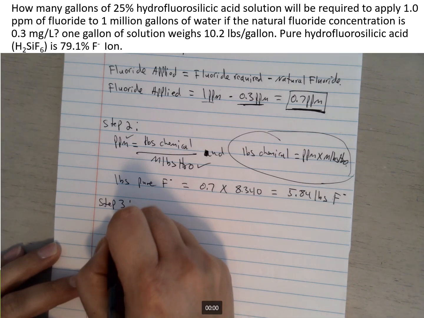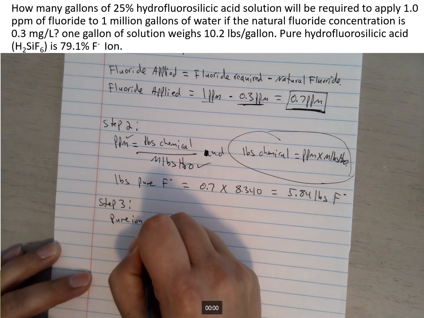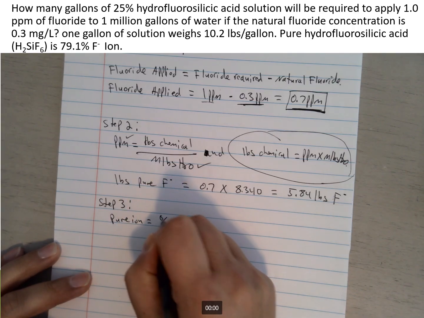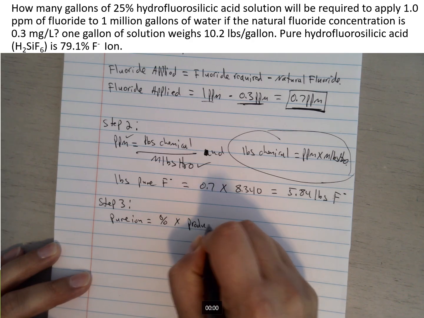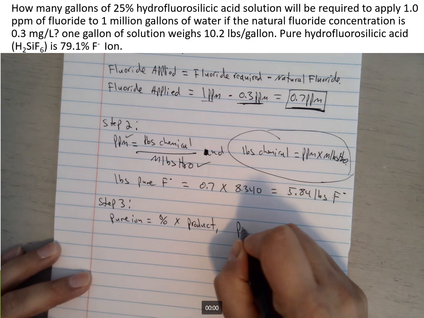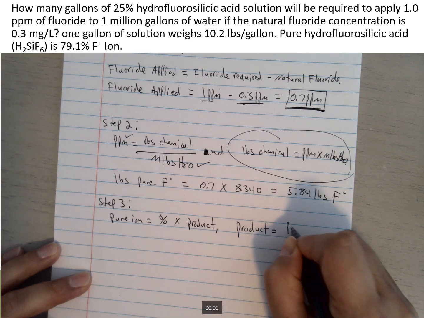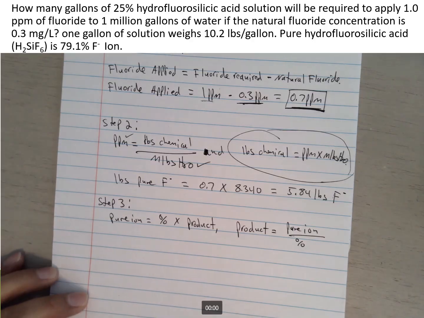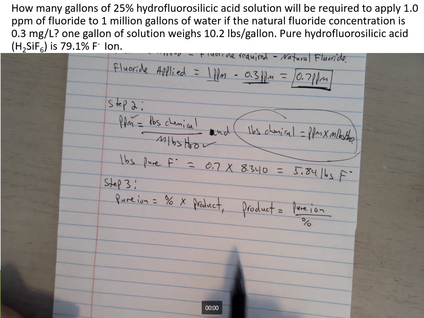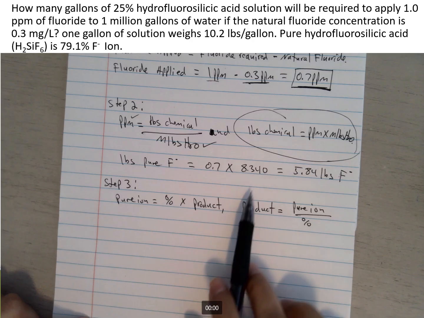So we start off by writing down our equations. Pure ion is equal to your percentage multiplied by your product. Product is equal to your pure ion divided by your percentage. So just using logic, we're going from pure ion and we want to find the product.